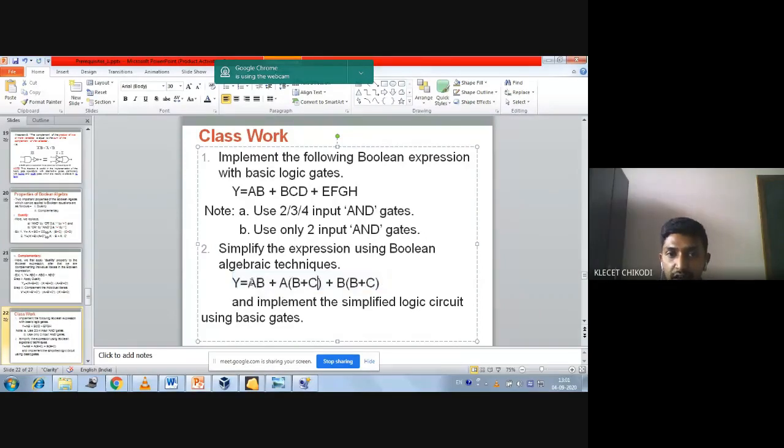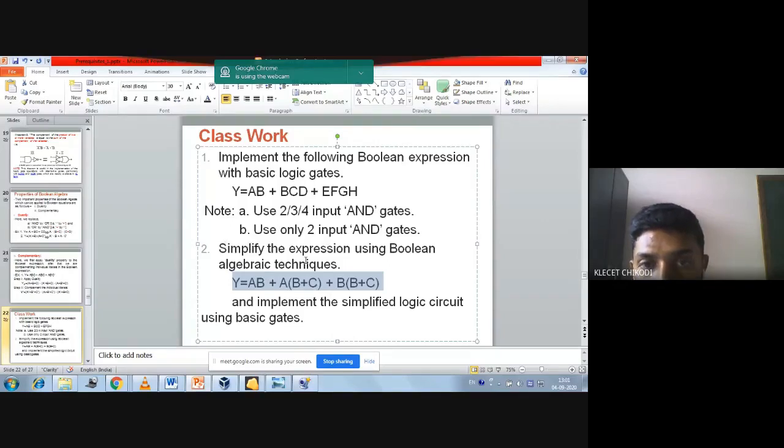In the second expression, before drawing the logic circuit, you have to simplify that. You have to apply the basic rules, laws, theorems, if possible, and properties. Then you have to simplify that logical expression. What they have mentioned here is to simplify the expression using Boolean algebraic techniques. First, you have to simplify this one.